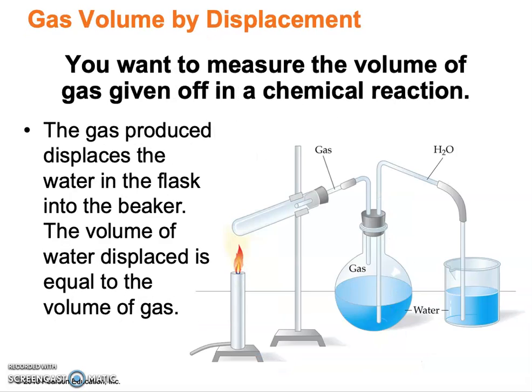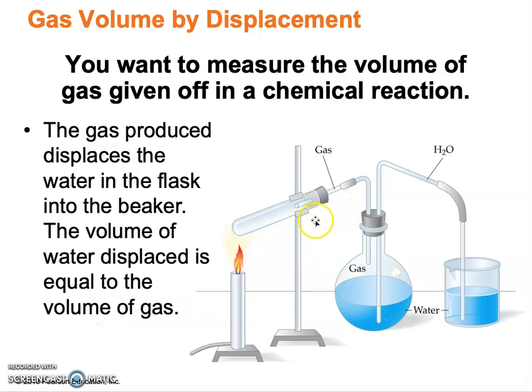Now you can also use this displacement method to calculate the volume of a gas. You want to measure the volume of gas given off in a chemical reaction. You can displace the water in the flask into a beaker. So the volume of the water displaced is equal to the volume of the gas.